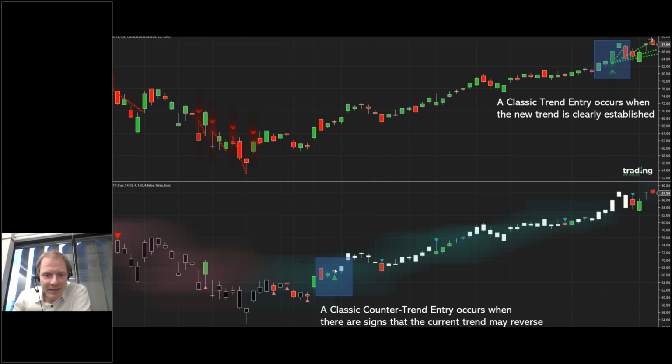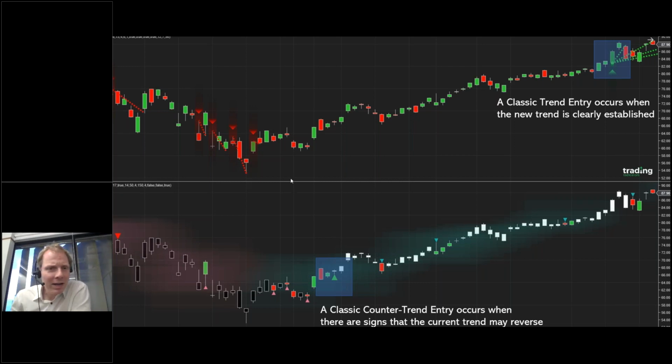And you can see here the entry price is much better than a trend entry because you're basically betting on the fact, okay, this trend will reverse. I want to get in early. That is one of the big differences between counter trend entries and trend entries, because in a trend entry, you wait for quite a while to make sure the trend is clearly established. For a counter trend entry, you go in at warning signs already.